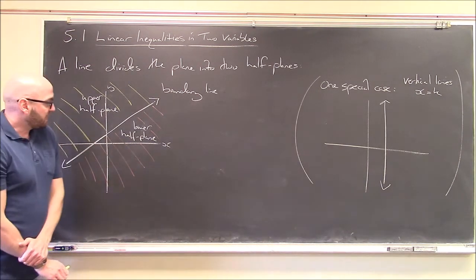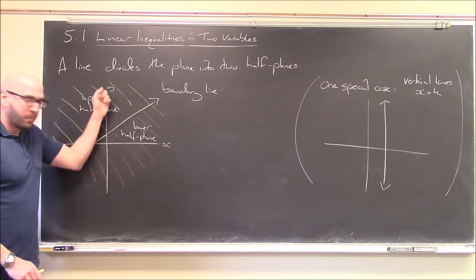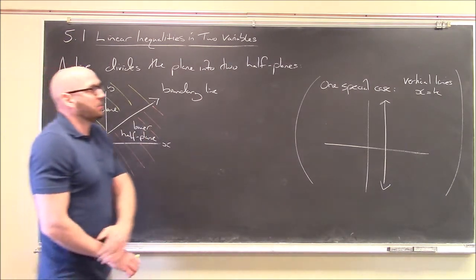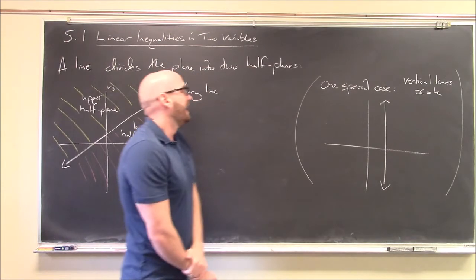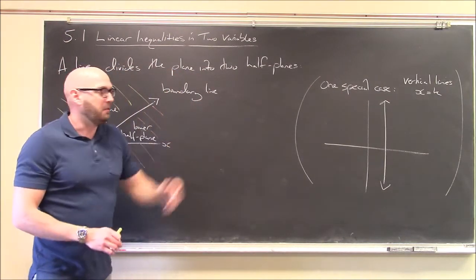One special case with this terminology, though, you'll notice that just about for any line I can talk about what's above and below it, so I've got the lower and upper half planes. But there's one special case where you have vertical lines, and here it wouldn't really make sense to talk about above and below this line because I really only have the left and right hand side.